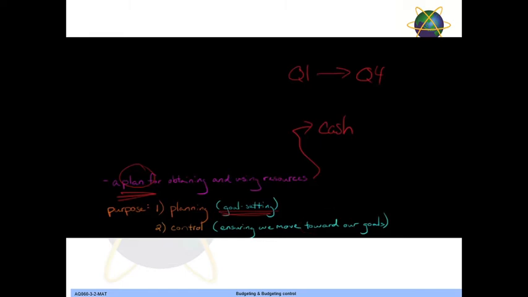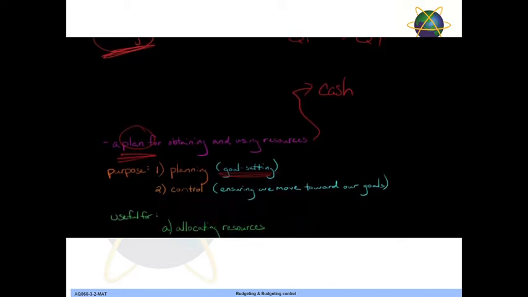So if we just make some nice budget, we say, hey, here's a really nice budget, and we feel really confident this is a good plan for our organization, but we don't actually take any steps to make sure that we're following this budget or that we're actually taking the necessary actions we need to reach those goals that we've set, then the budget is pointless. So we've got this planning aspect to it, but the control is just as important, because without that, the budget is just a piece of paper or an Excel file that has no value.